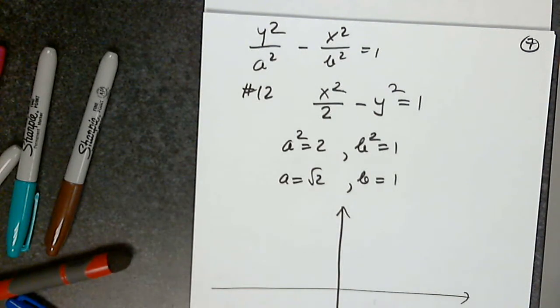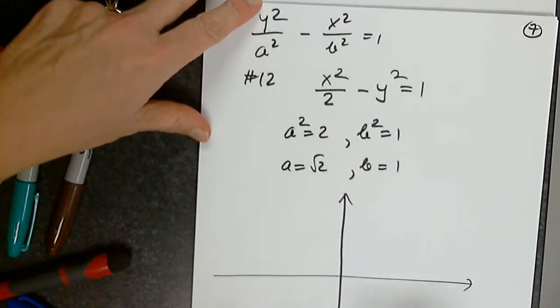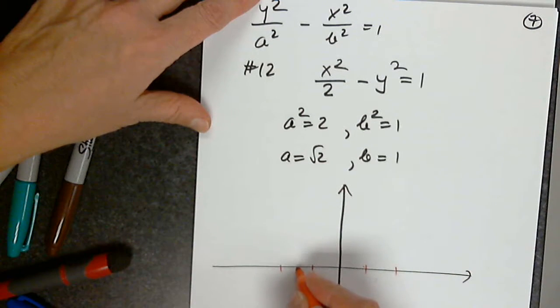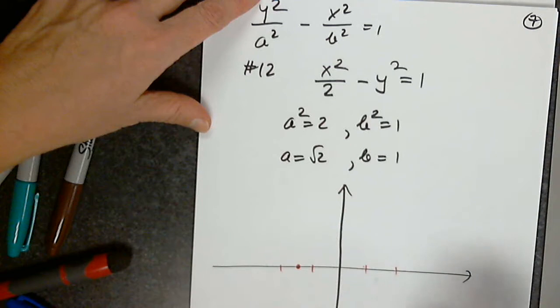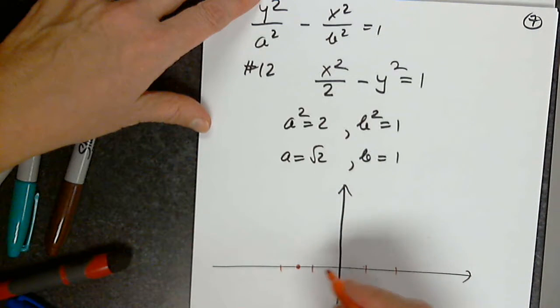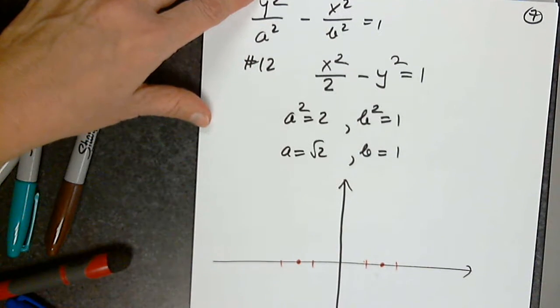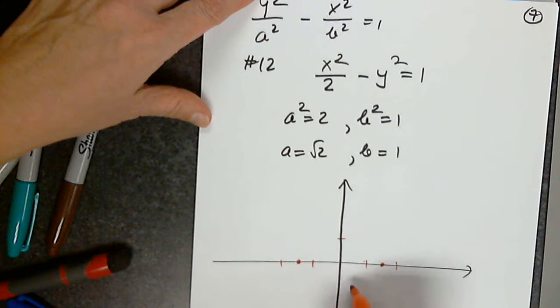I have to start with the box. It's kind of difficult. The square root of 2 is 1.41. So if this is 1 and this is 2, then 1.41 is here, and negative here is positive. And 1 and negative 1.